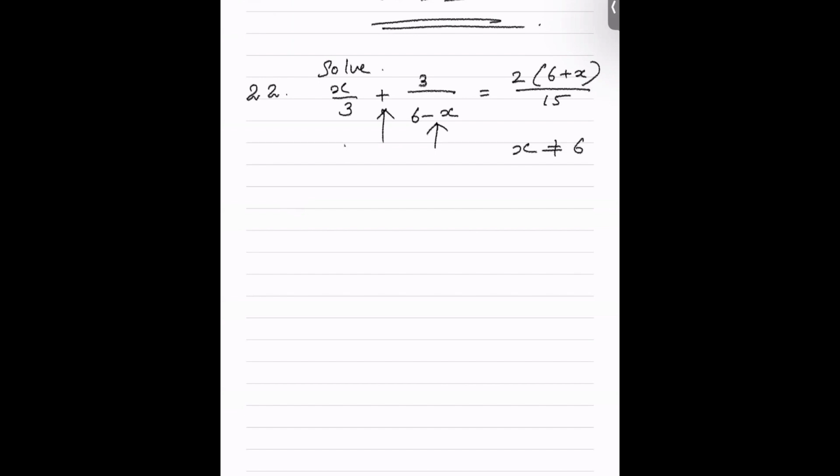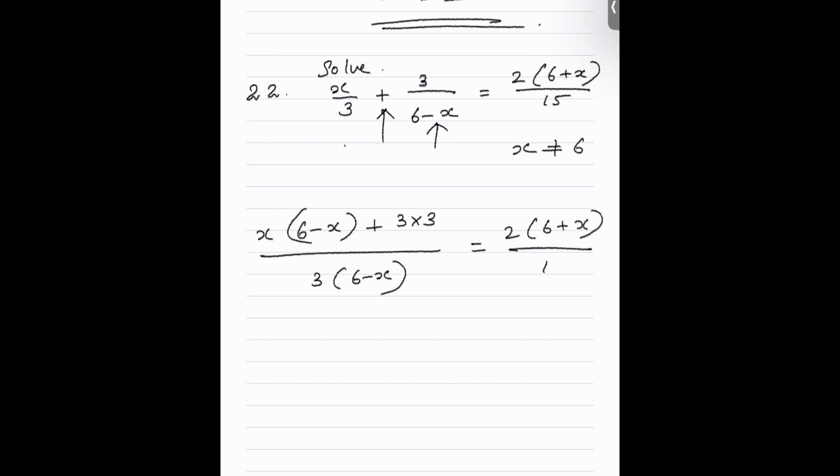So how do you do the LCM part? You just go ahead with the cross multiplication approach. 6 minus x is multiplied with x, and 3 is multiplied with 3. The denominator becomes 3 times 6 minus x, equal to 2 times 6 plus x divided by 15.